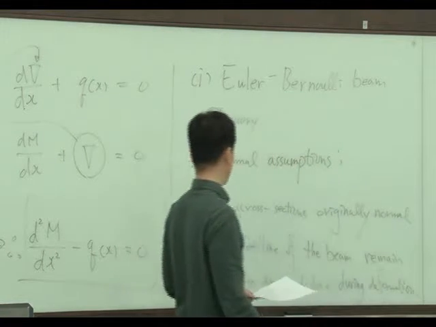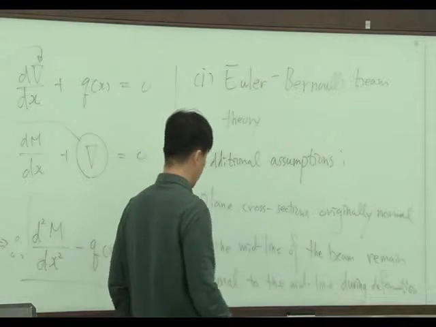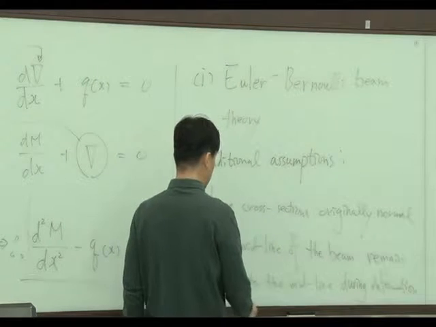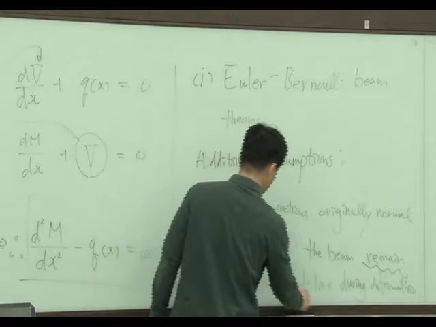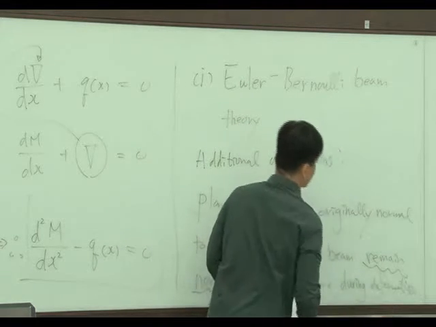This is the Euler-Bernoulli beam theory. So the key point is this one: remain normal to the midline during deformation.